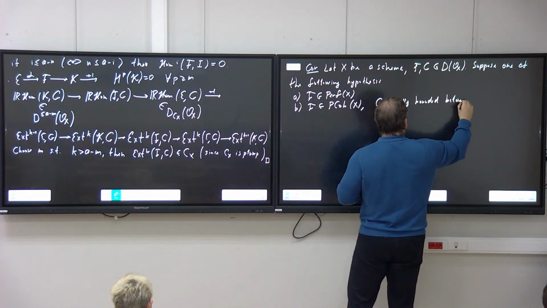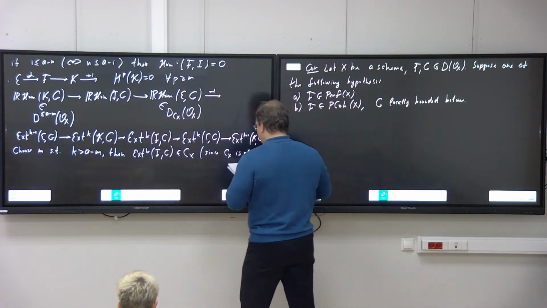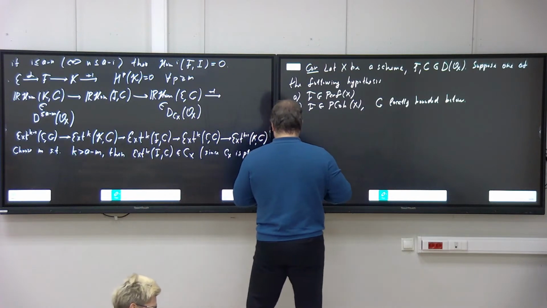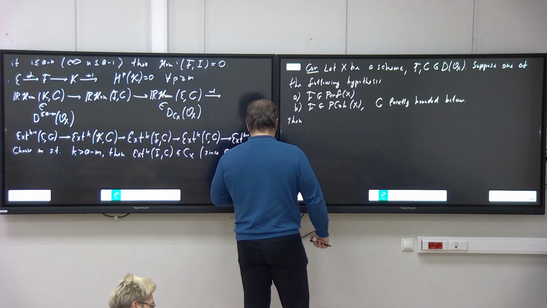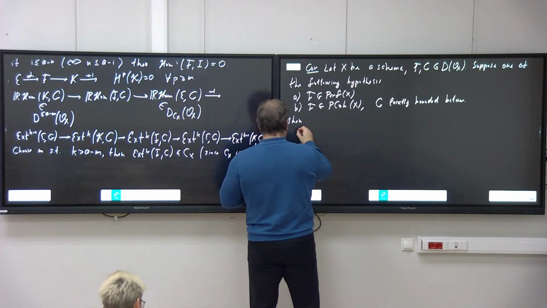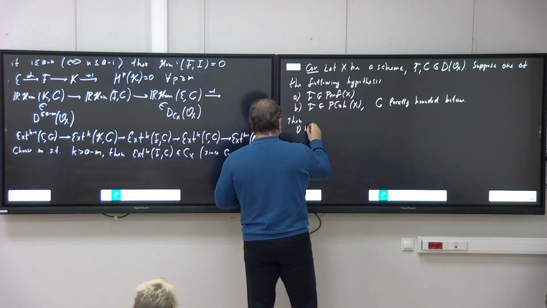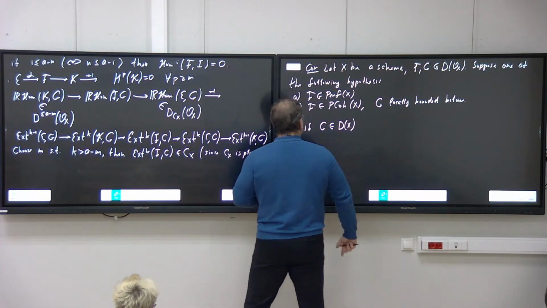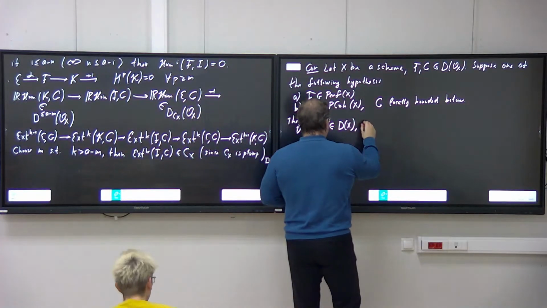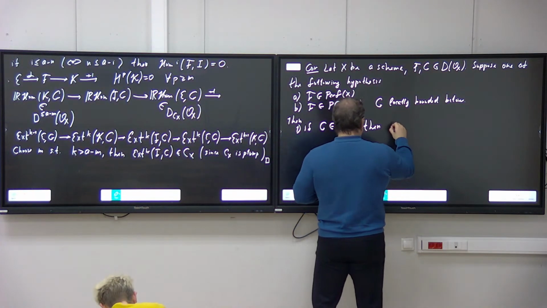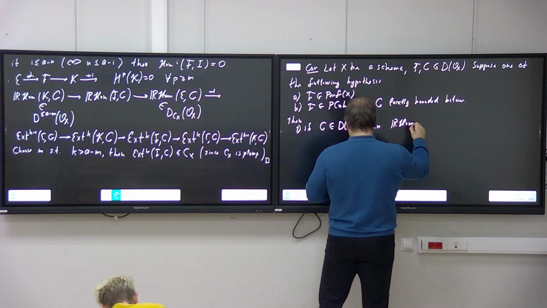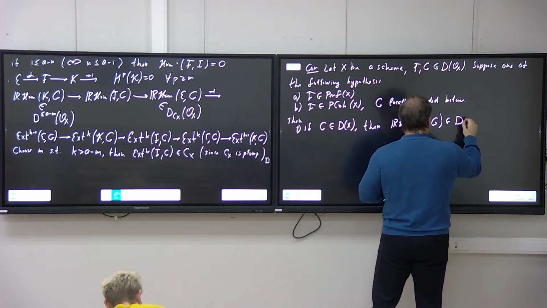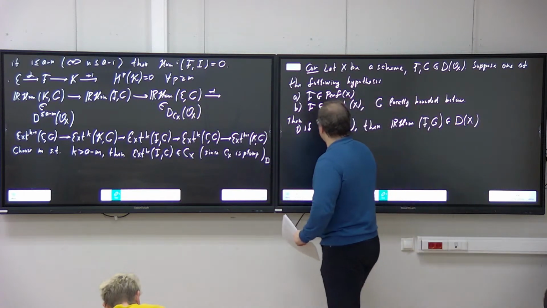Bounded below. Then two observations. If the complex G has quasi-coherent cohomology, so lives in the D of X, then R Hom of F and G also has quasi-coherent cohomology.